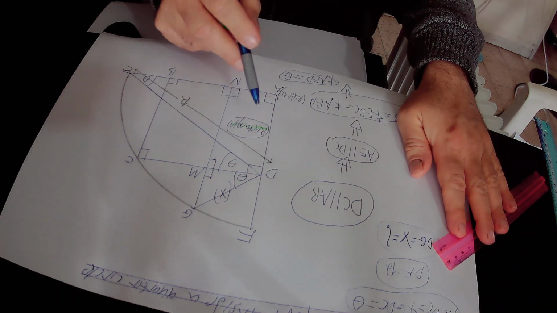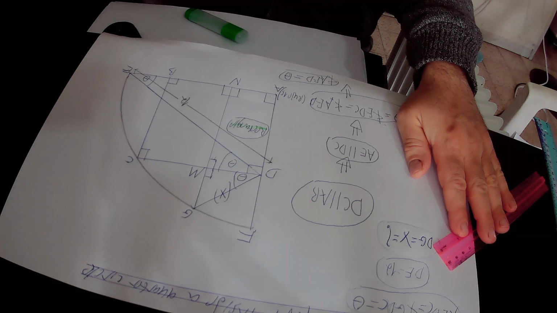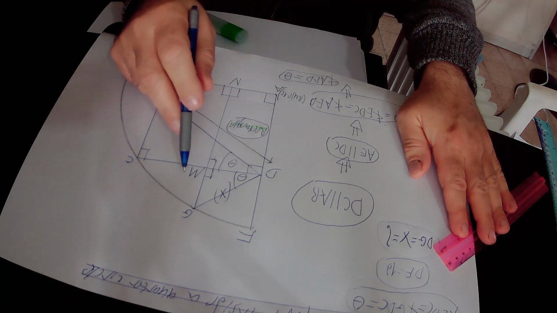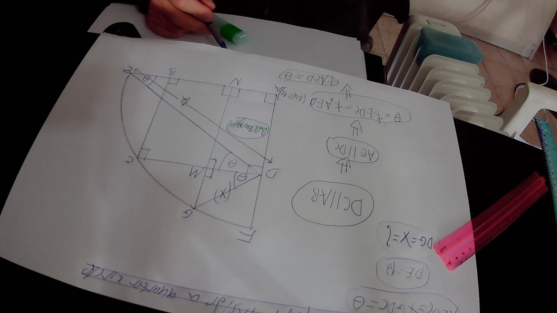And therefore, the small triangle GMD is a right triangle. So I copy this small right triangle GMD in a new page, and we analyze this right triangle GMD.